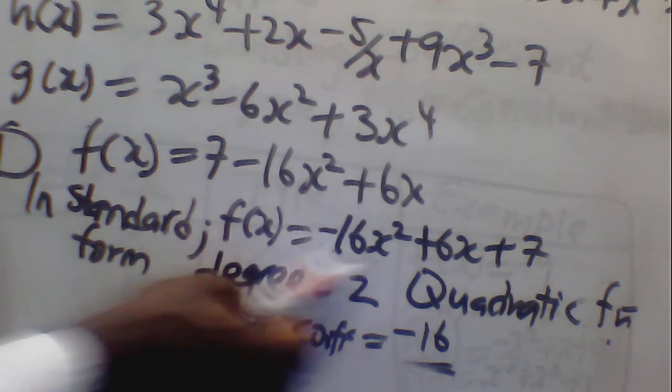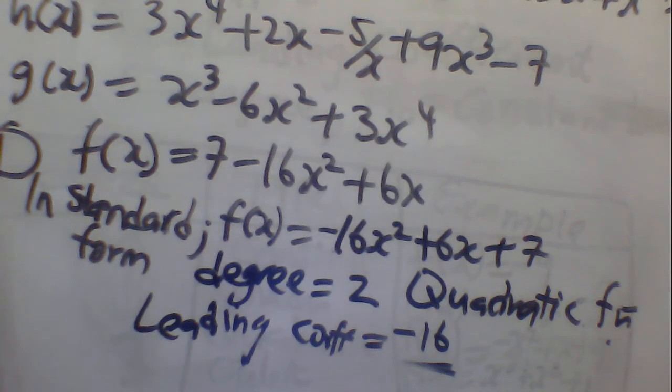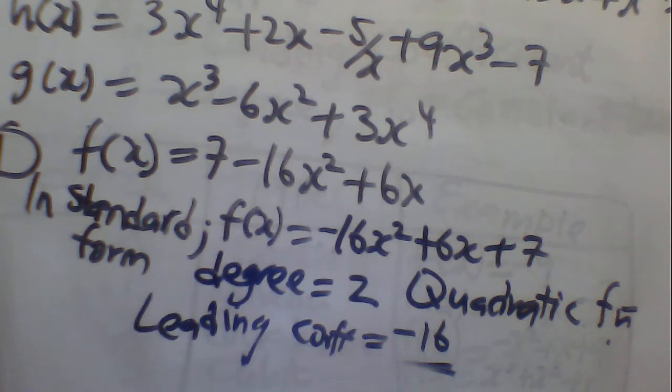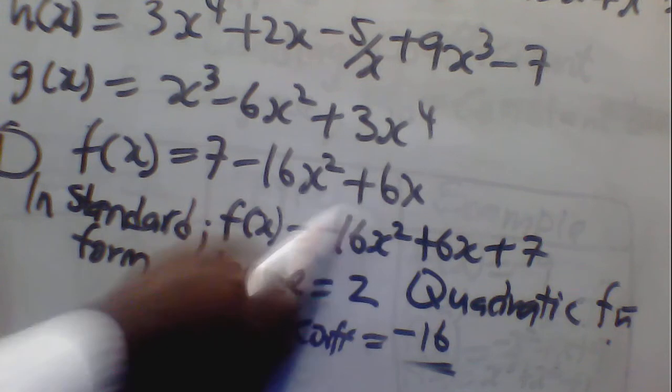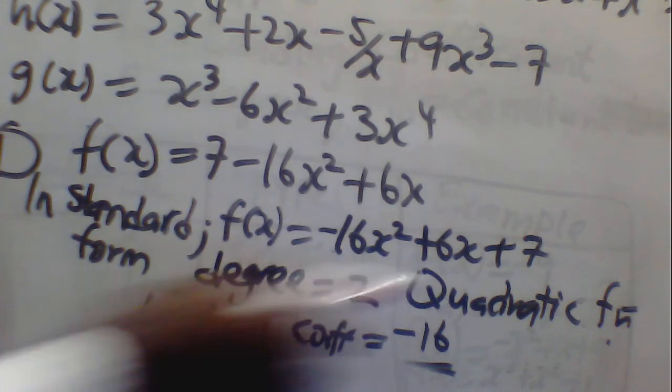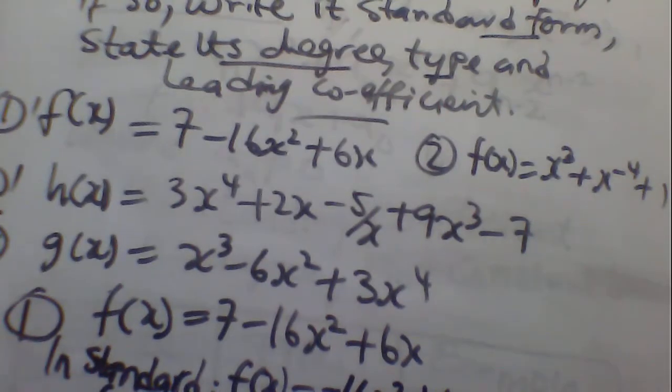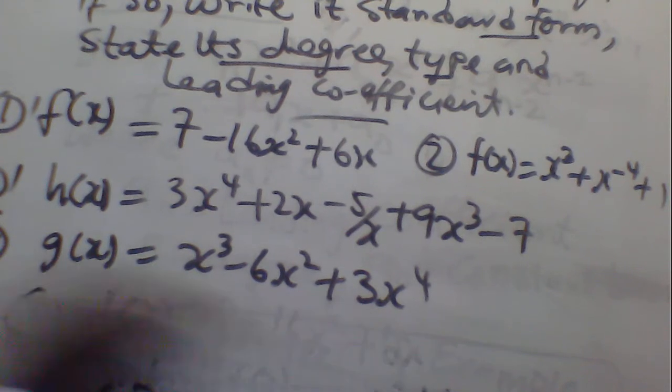Almost all the questions are centered on the leading term, the term with the highest power of the variable. In the standard form, it comes first, followed by 6x and the constant. Its degree is 2, that is the highest power of the variable. It is a quadratic function because of the power 2. The leading coefficient is minus 16. So can we proceed? You can always pause the video and go through it.